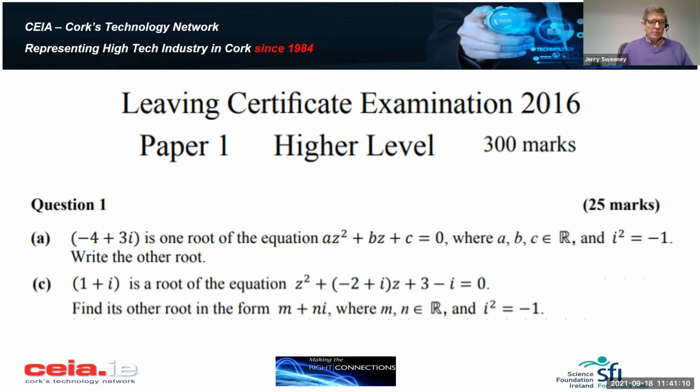1 plus i is a root of the equation z squared plus (2 plus i) times z plus 3 minus i equals 0. Find the other root in the form m plus ni, where m and n are real numbers, and i squared is equal to minus 1.